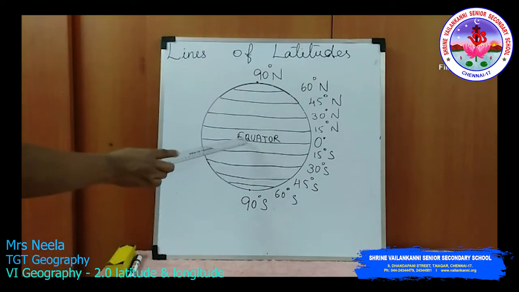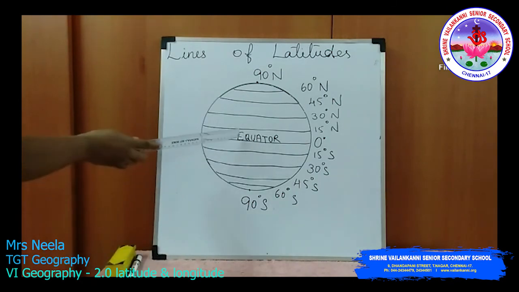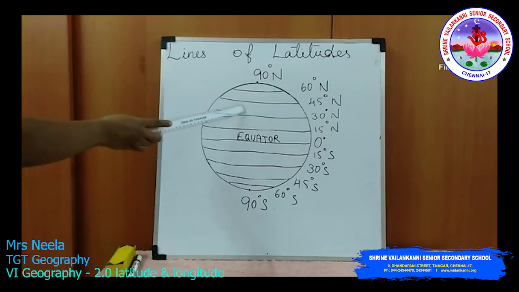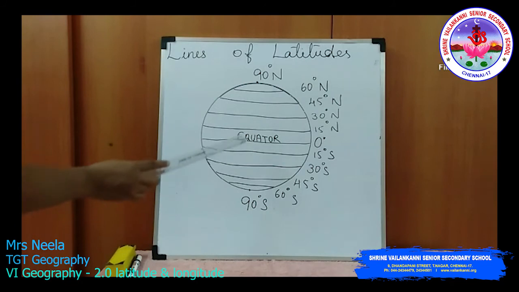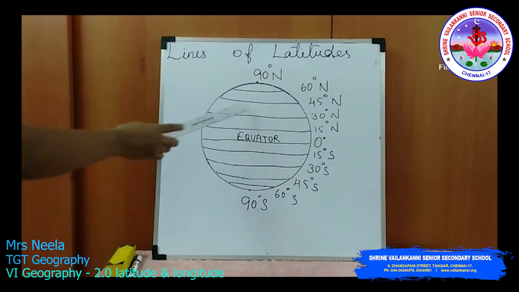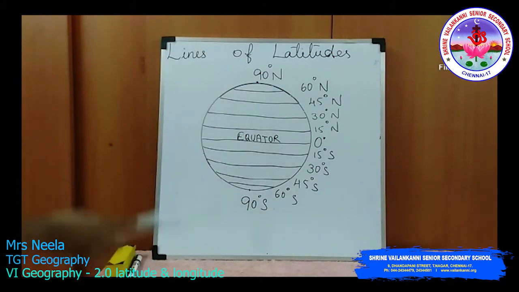The equator is the 0-degree latitude and it divides the earth into two halves, as I have already mentioned, the northern hemisphere and the southern hemisphere. All the parallels in the northern hemisphere are called north latitudes, and all the parallels in the southern hemisphere are called south latitudes.